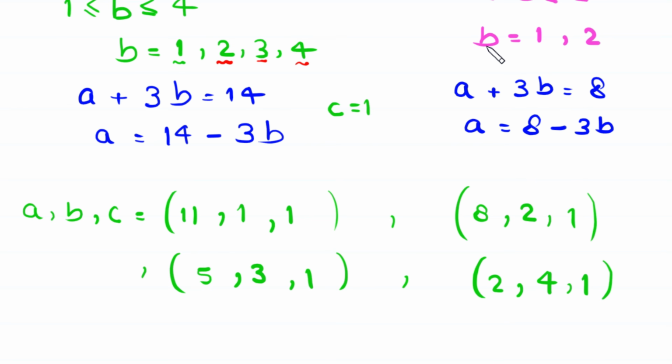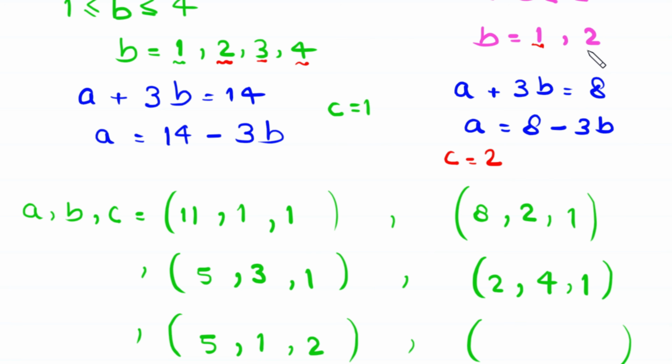Now by using these values of b, 1 and 2, we find the other 2 triplets, the fifth one and the sixth one. When b is 1, a will be equal to 8 minus 3, which is 5, and for the second case c is equal to 2. So this will become 5, 1, 2.